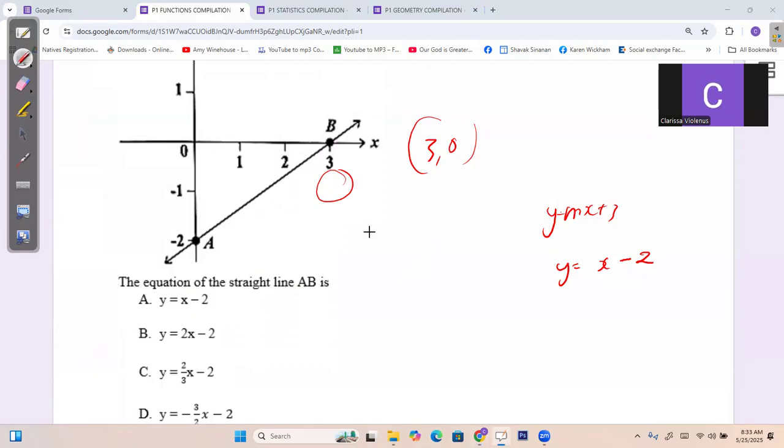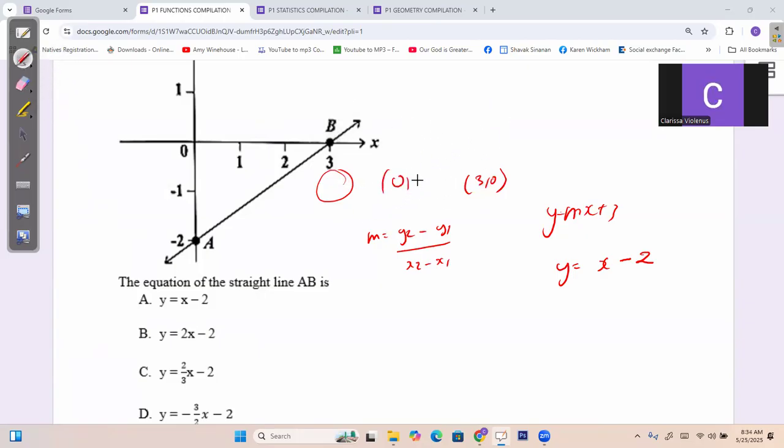So gradient m is equal to y2 minus y1 over x2 minus x1. So what is our first point? Sorry, that's my bad. The first point is 0, negative 2.